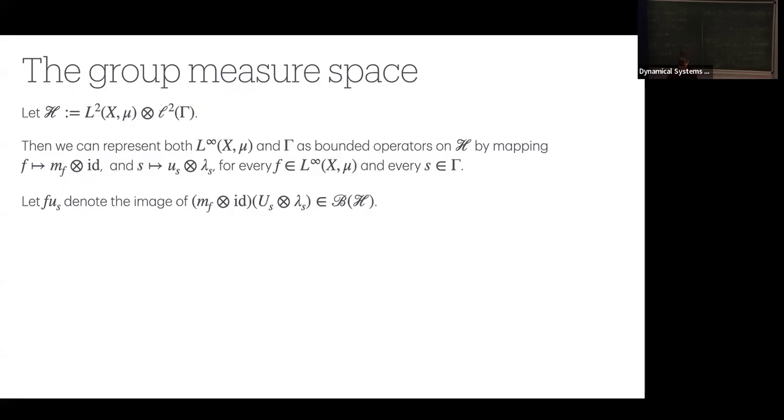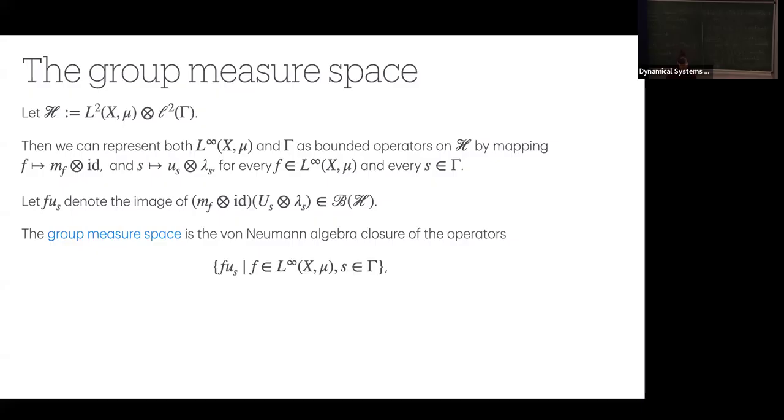And then if we let f U_s denote the image of the multiplication of these two operators, we can look at the von Neumann algebra closure of these operators, where everything ranges over all functions f in L infinity(X, mu) and all s in Gamma. And we denote this in this cross product way, L infinity(X, mu) cross Gamma.